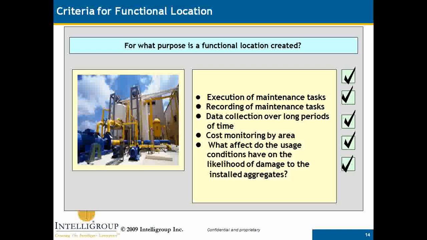In the technical object side, the topmost is the function location, obviously. Below it there is a sub-function location, and under that there is an equipment. Under that there are maybe sub-equipments. Under that there is a bill of materials. This is the structure. When you go forward, you can see that structure displayed.